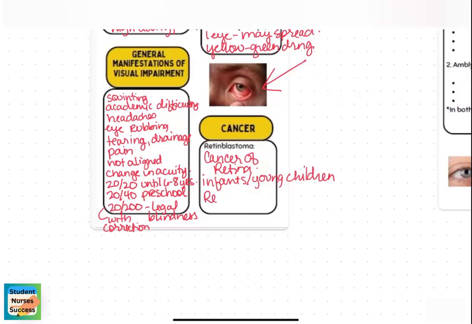The red reflex test will actually, instead of appearing red, appear white. So instead of seeing a red eye on maybe a photograph or when you shine the light to get the red reflex, you would actually see a white reflex. Prognosis is generally good for retinoblastoma, except there usually is loss of that eye.